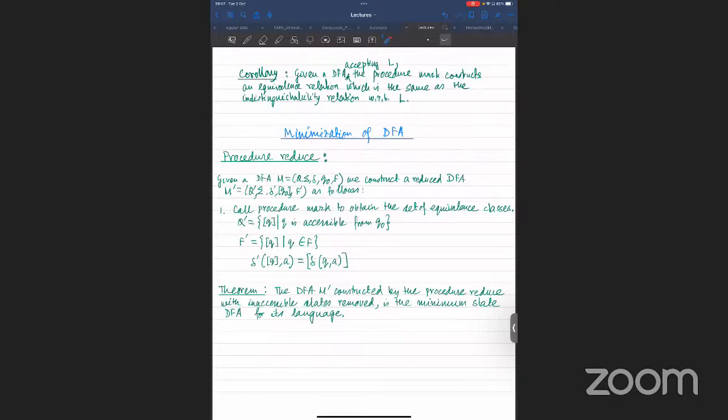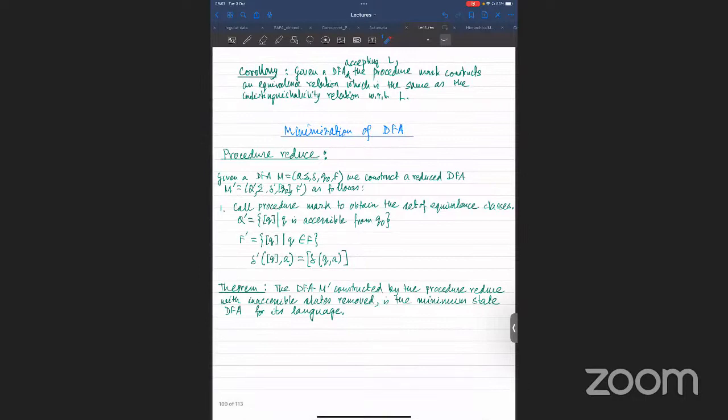Now the claim is that this DFA M prime that we have constructed by this procedure, reduced with the inaccessible states removed, and what is an inaccessible state? One which you cannot reach from Q0, from the initial state, or the equivalence class of Q0.